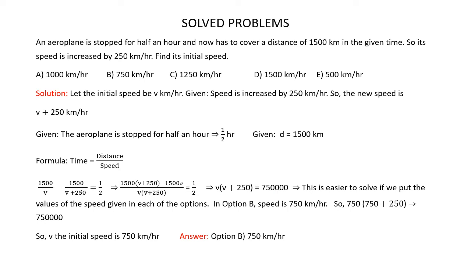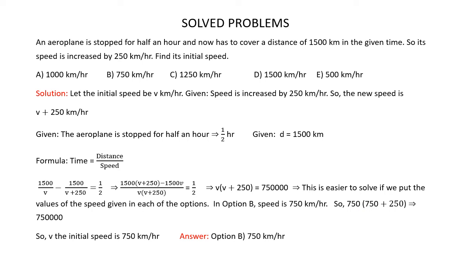Let's move on to option B, 750 kilometers per hour. Let's substitute the value of V as 750. So now we get 750 multiplied by 750 plus 250.